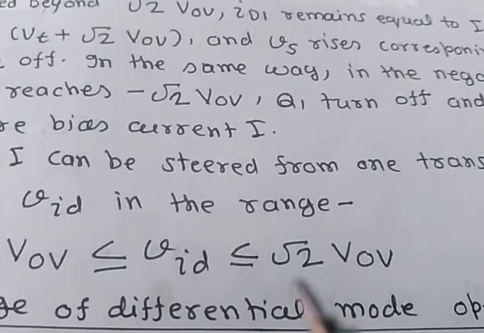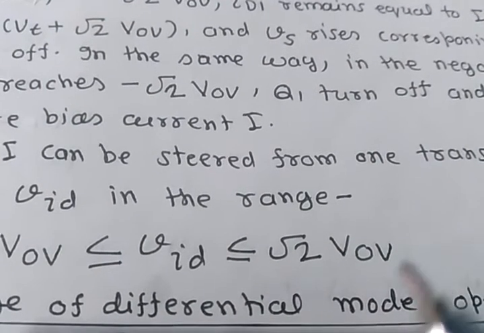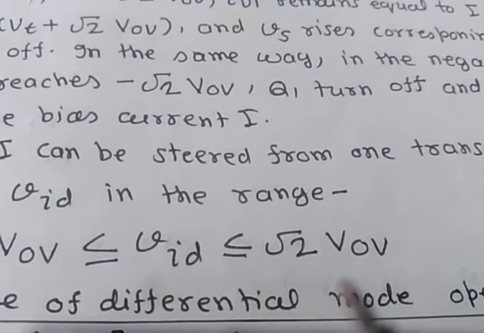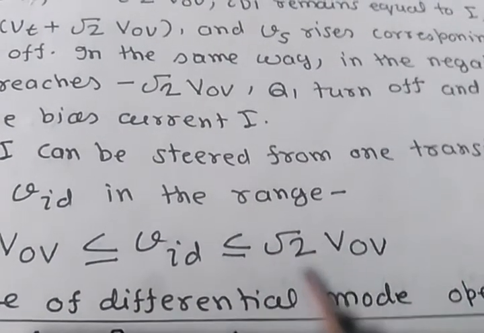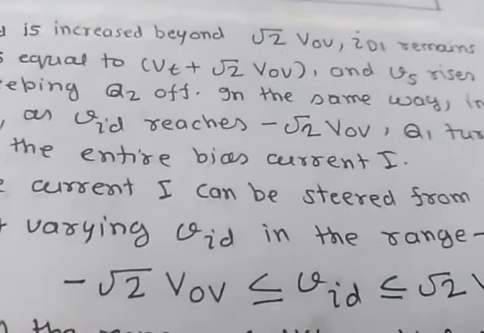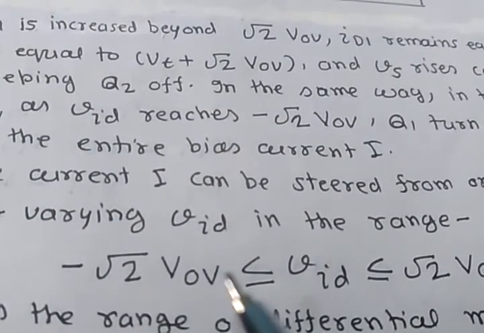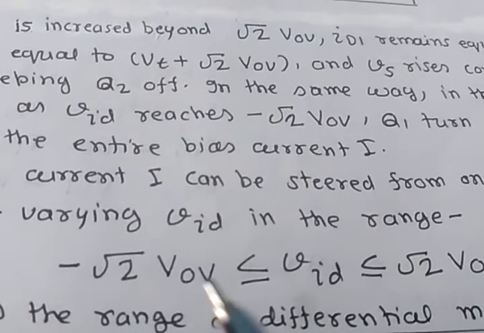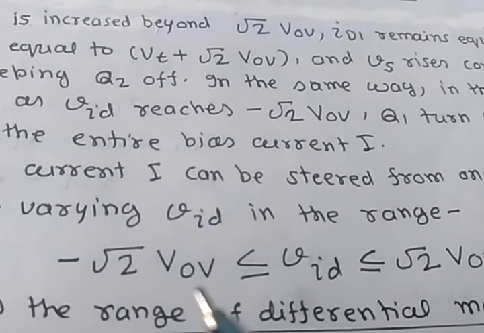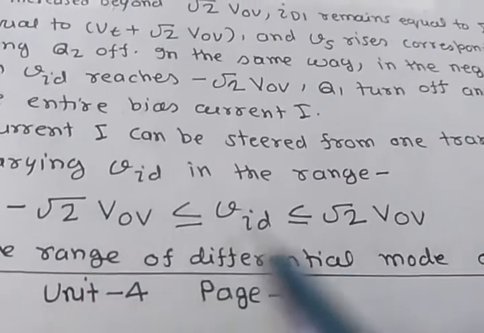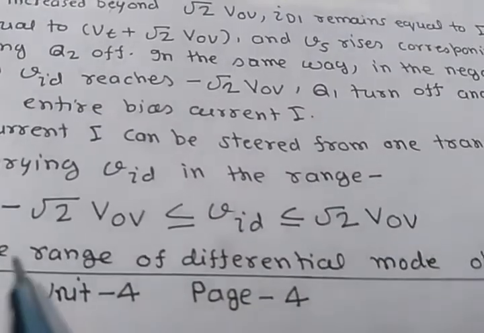When VID is greater than root 2 VOV, the transistor Q2 will be switched off and the entire current will flow through Q1, and when VID is less than minus root 2 VOV, the transistor Q1 will switch off. In this case, the entire current will flow through transistor Q2. So this is the range of input differential voltage.